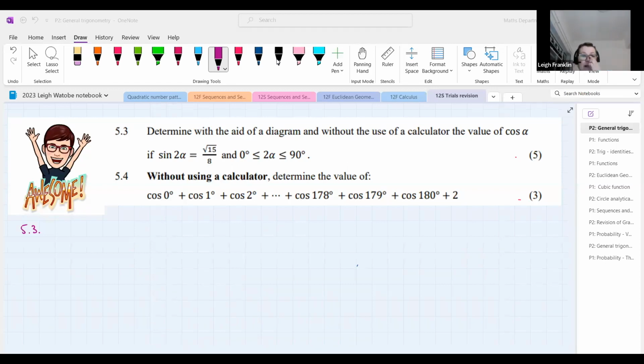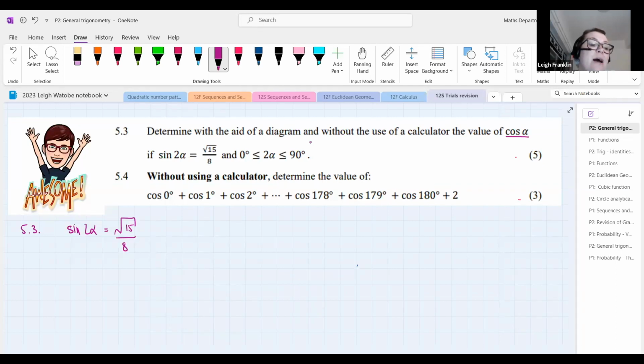All right, so let's have a look at this question. What makes this question a little bit more challenging is they want cos alpha, but they give us sine 2 alpha. This is a question about Pythagoras with a twist. We've got sine 2 alpha is equal to root 15 over 8.